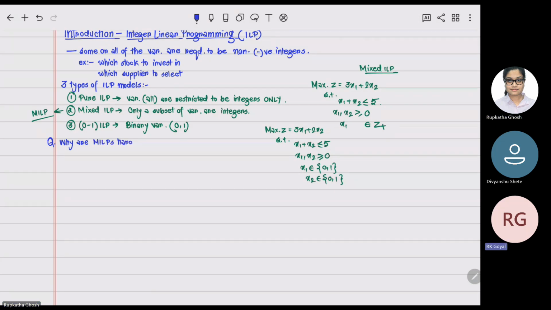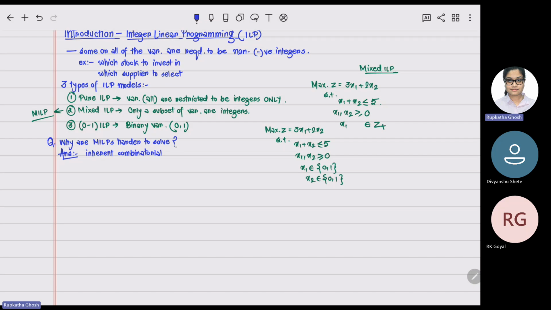Because some of the decision variables cannot take fractional values. Absolutely right.